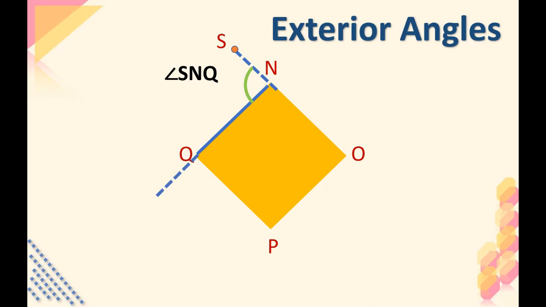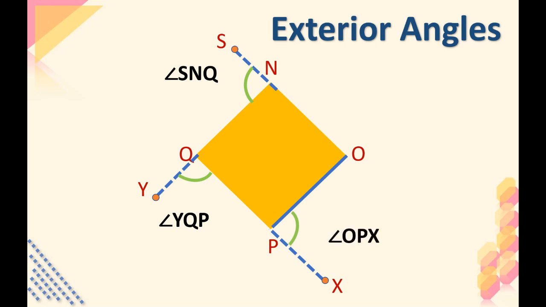Likewise, if we extend side NQ to point Y, which is also outside the polygon, a new angle is formed with side QP, and that's angle YQP. Also, if we extend side QP to point X outside the polygon, a new angle is formed with side OP, and that's angle OPX.